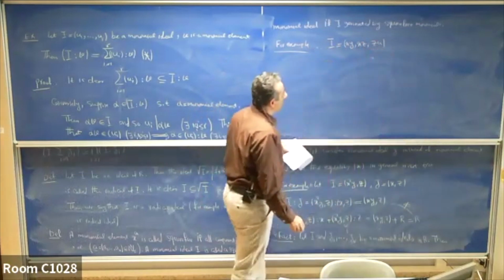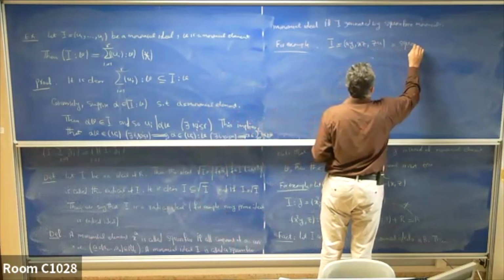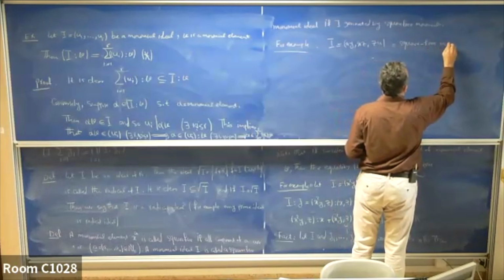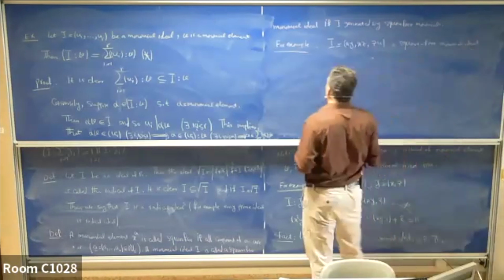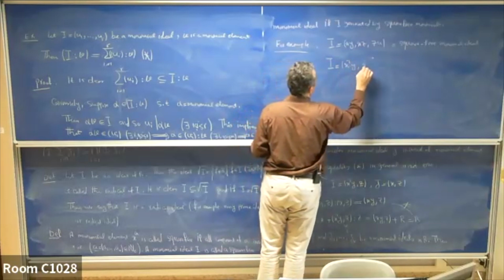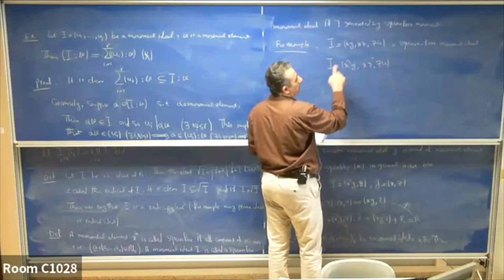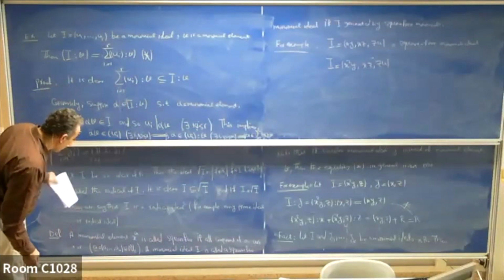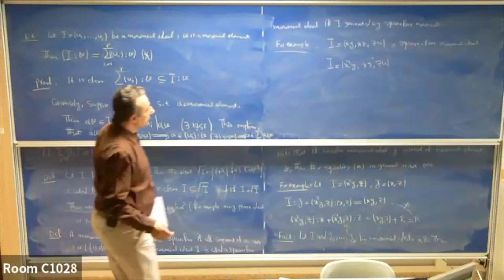This is a square free monomial ideal. But this one is not square free, because the power of x is 2. All powers must be 0 or 1, so this is not square free.